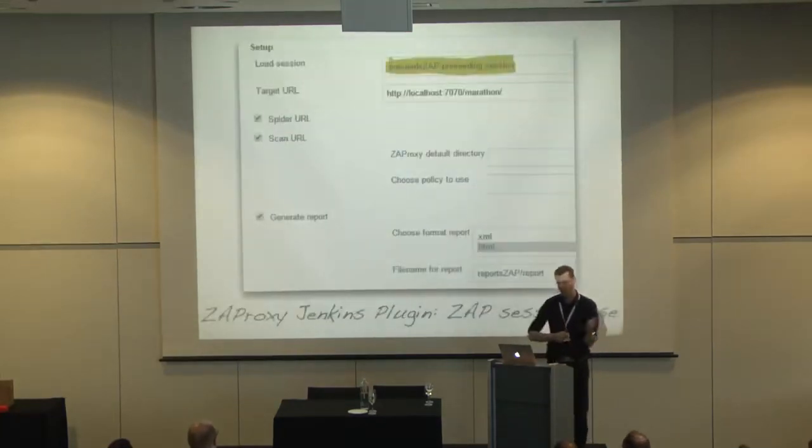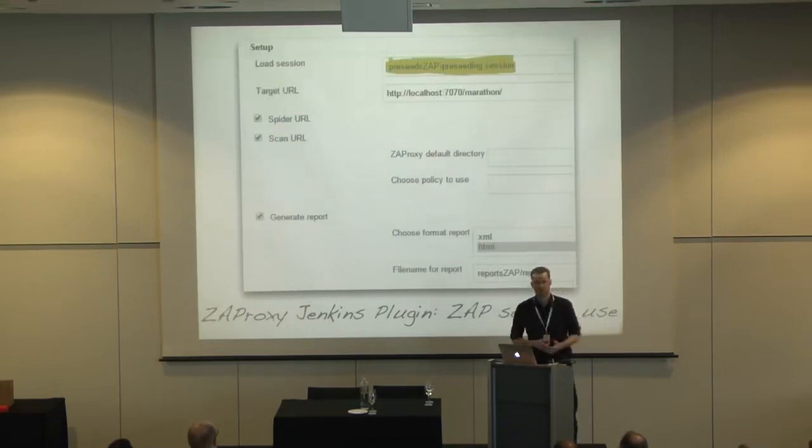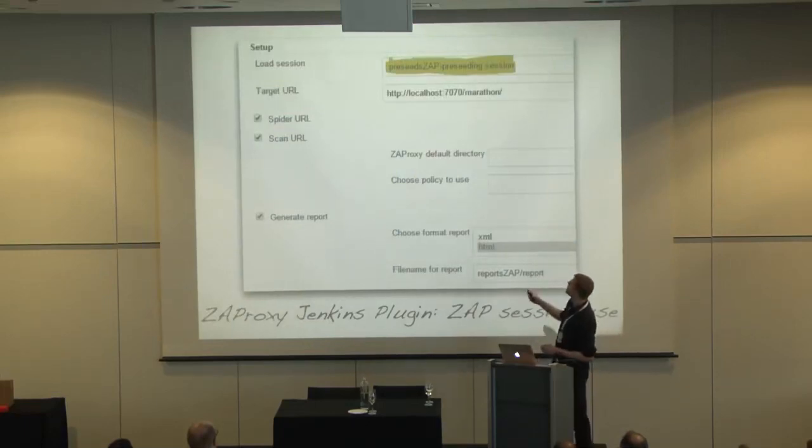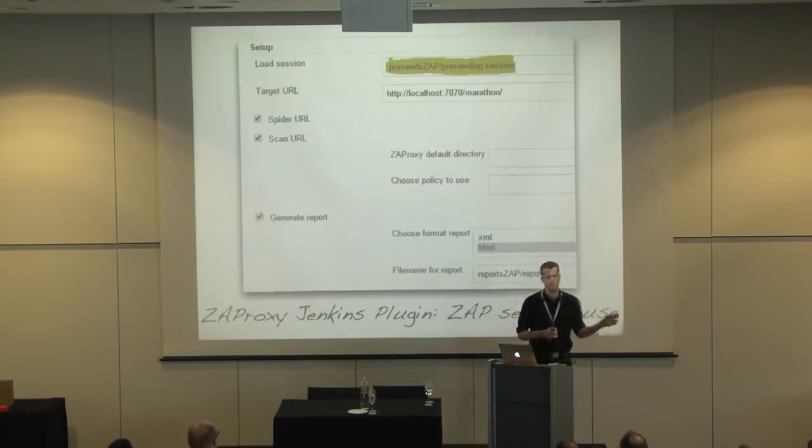And then in the plugin configuration of your Jenkins job, you simply use the load session field of that plugin configuration to start the ZAP scan and spidering during your build, and just point that towards the session file you previously saved and checked into your source code repository.